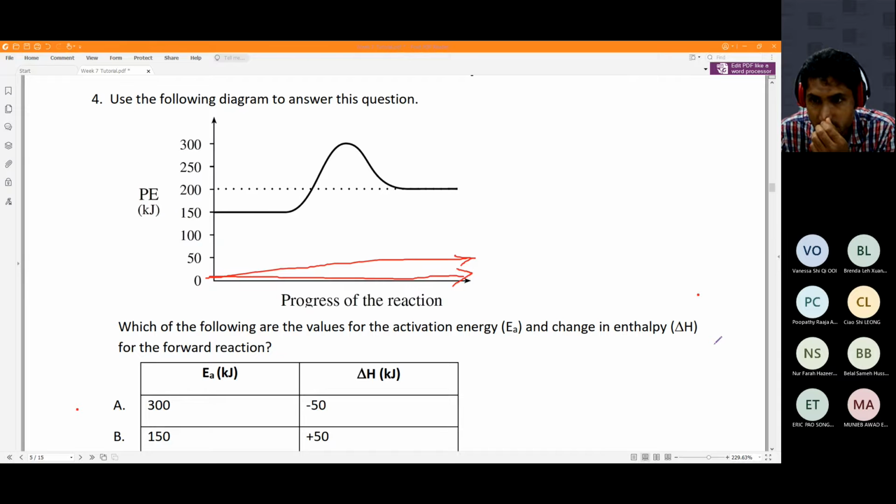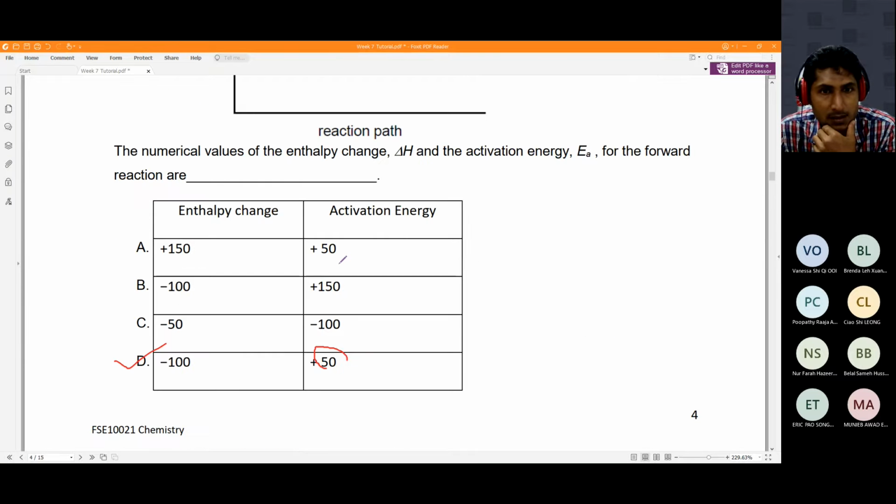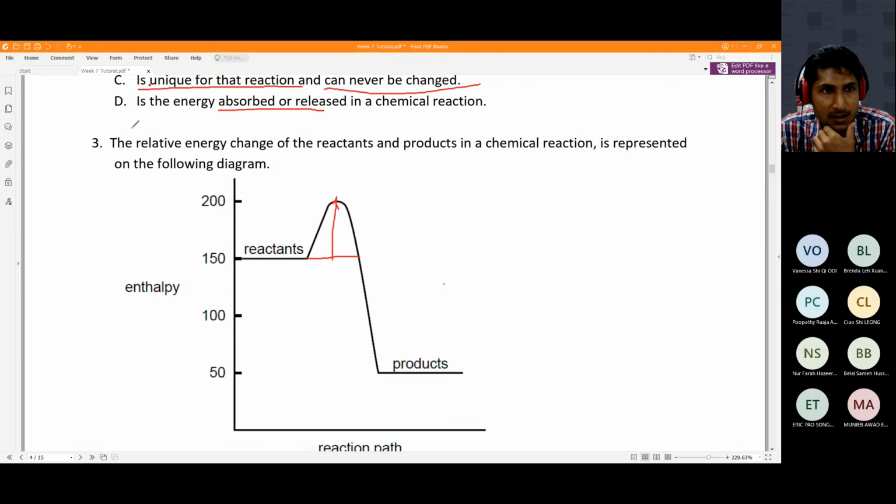Sir, can you repeat question 3? Question 3, okay. The relative energy change of the reactants and products in a chemical reaction is represented on the following diagram. So the reactant, we started here. The reactant has an enthalpy, or heat of the reaction.